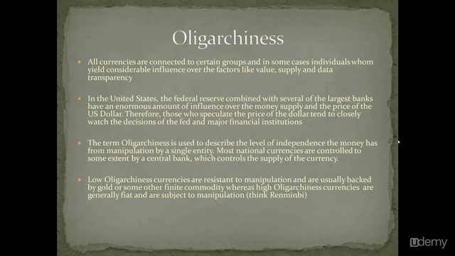Low oligarchical money is money that's typically backed by a commodity. It's typically divorced from a central bank, and there have been many throughout history where it's really difficult for a small group of people to have a long-standing permanent influence over the currency. They may be able to temporarily manipulate the price, but this manipulation is not long-term.